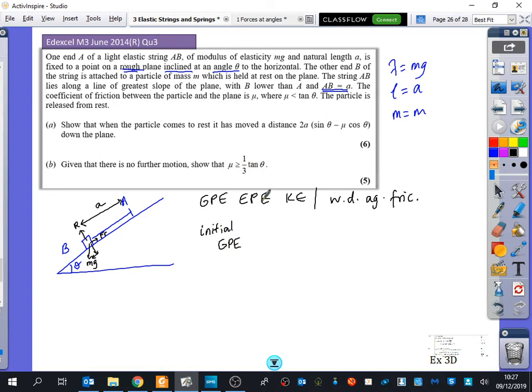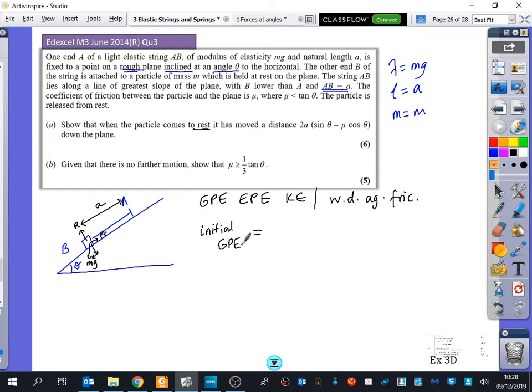It's got no elastic potential energy and no kinetic energy at the beginning. We haven't even read the question yet: show that when the particle comes to rest, it has moved a distance 2a(sin theta minus mu cos theta) down the plane.